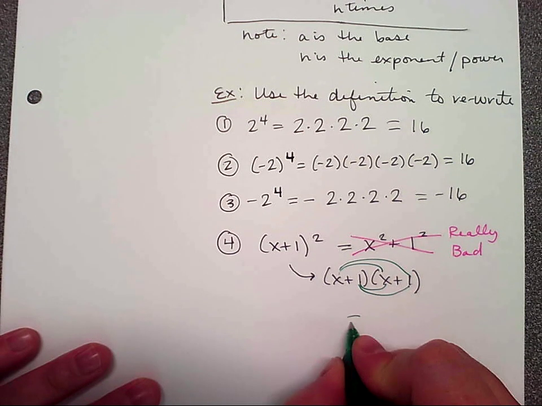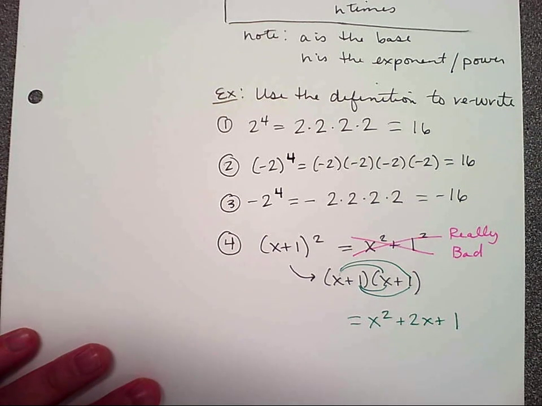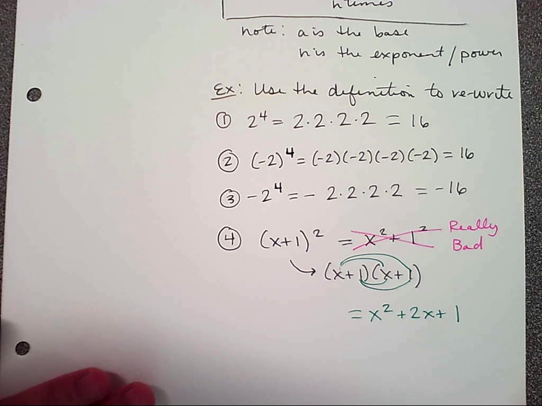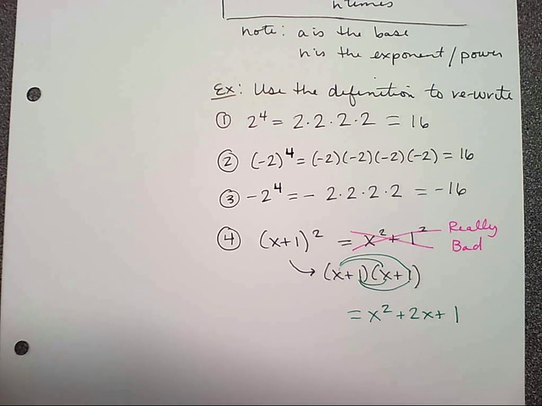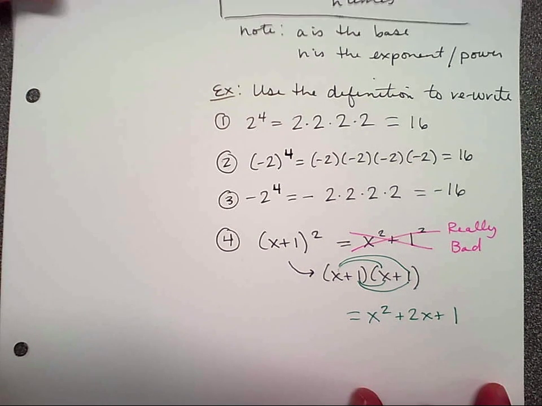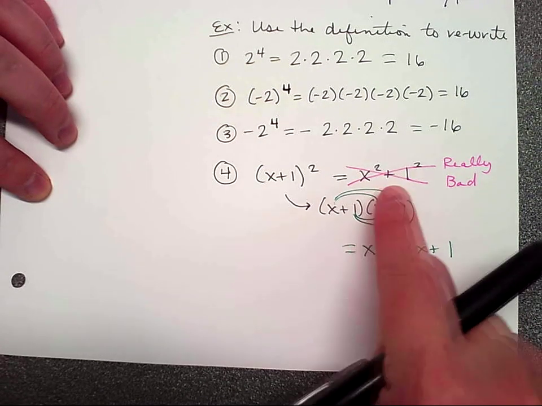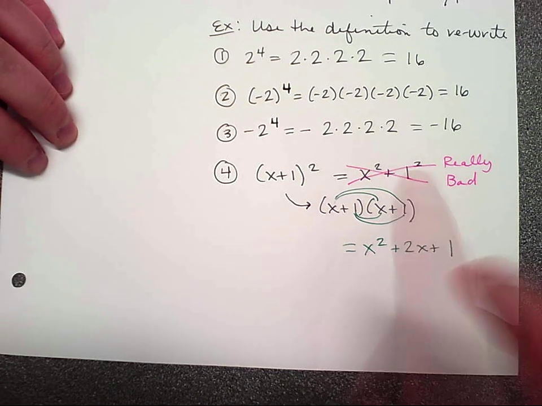So I'll write down the answer. And you can check my work if you want to. But maybe we'll talk about it later. I combine my middle terms, yeah? Okay. So that will be your final answer if you wanted to check it. But this is, like I said, really bad, but it's everyone's favorite mistake. One of them.